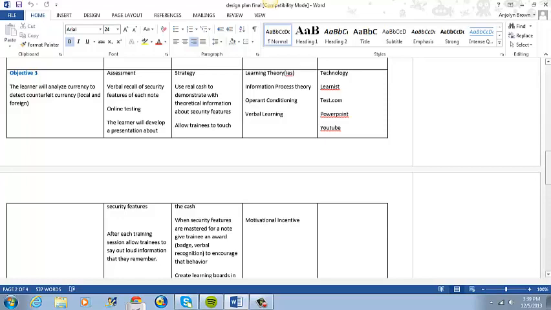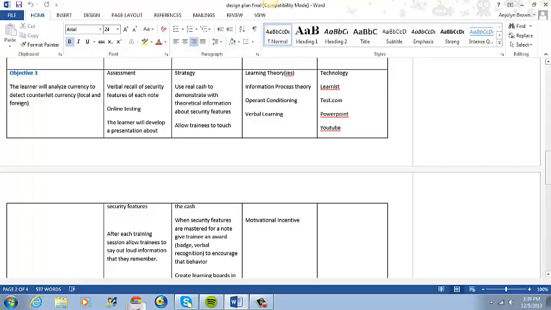So real cash will be used in the demonstration of the lectures. So the learners will have the cash in front of them and the instructor will be pointing out the security features of these notes, and they will be able to compare what the lecturer is saying with what they have in their hand.